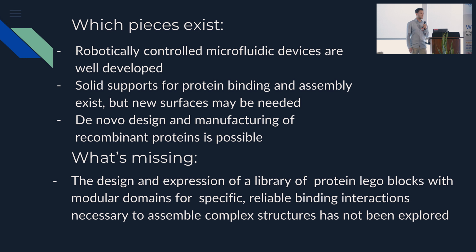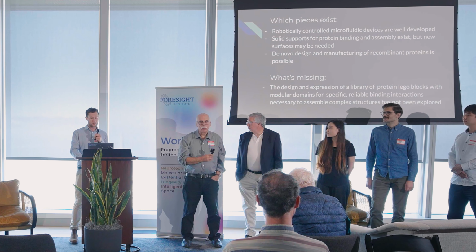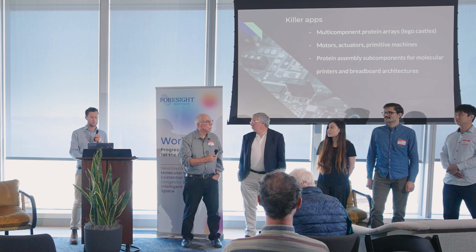However, what's really missing, or one of the main things that's missing, is a library of what these blocks are, and the domains within these proteins, which are going to facilitate those specific, reliable interactions so that you can start to build up these Legos. This is something that hasn't been fully explored.